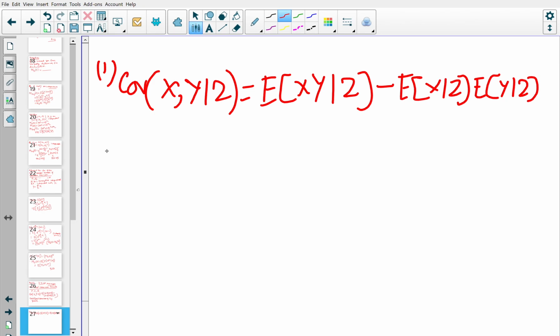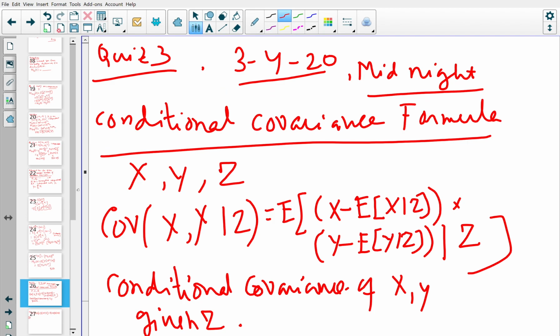And number two is the conditional covariance formula.